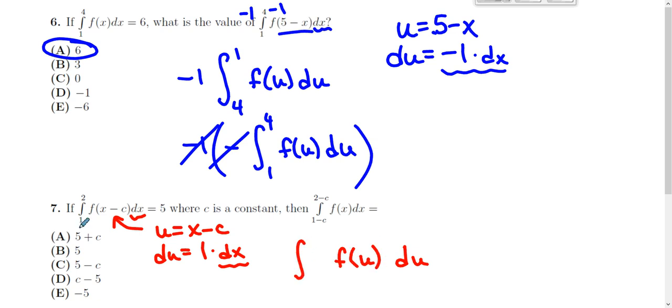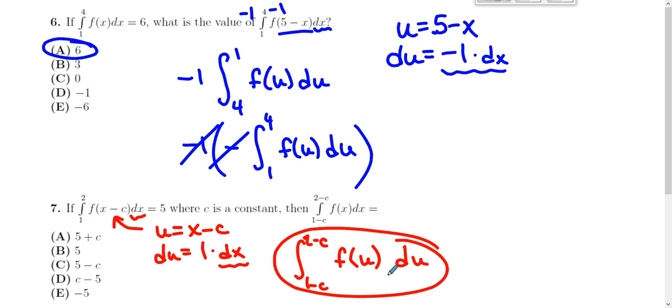And it's an integral from when x is 1, what's u? When x is 2, what's u? Oh, what are we interested in? We're interested in this, which looks an awful lot like this. And this integral has the same value that this integral does. Done.